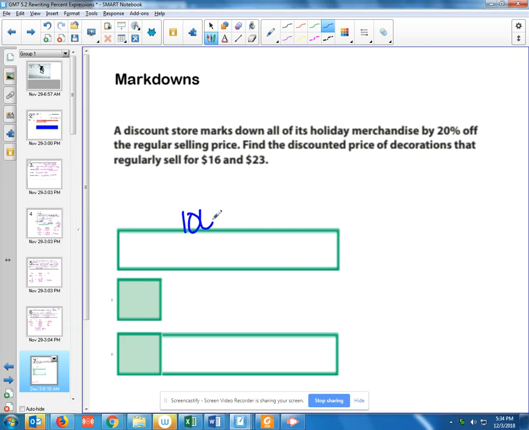Here's our regular price, 100%. We are going to take and give a 20% discount. When we take a discount, we subtract it out of there. Okay?